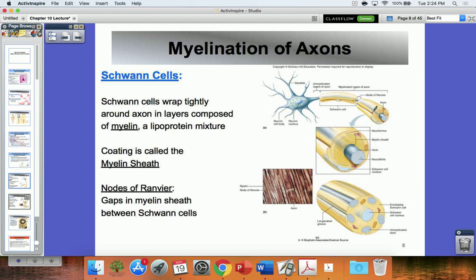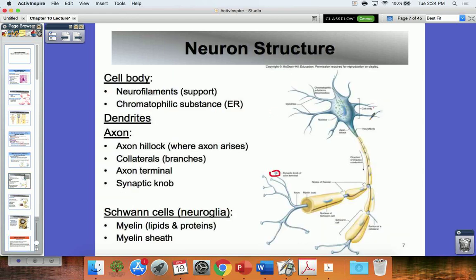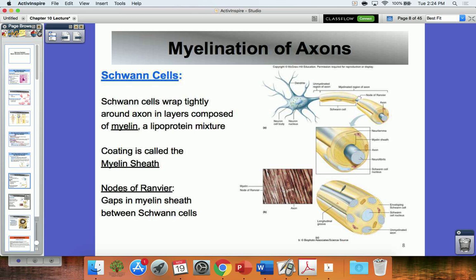But if you notice, we're going to go back to this picture. We have myelin sheath here, and there's a bit of a space. Myelin sheath, a bit of a space. You go a little bit closer, myelin sheath, space where you can actually see the axon. So those spaces between each one, that's the myelin sheath, Schwann cell that makes the myelin sheath, there's a bit of a space in between the two, and that's called the node of Ranvier.